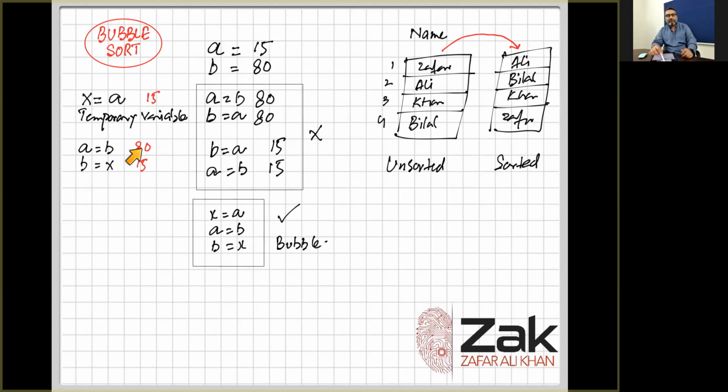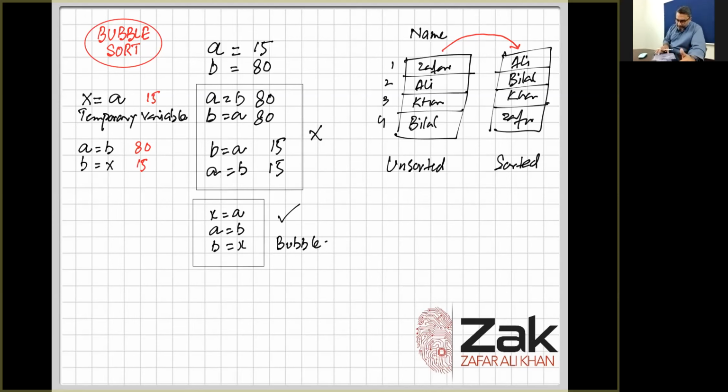Although we have overwritten A, since before overwriting A with B we saved the value of A to X, which is a temporary variable, we then assigned X to B. So now B has the value which X had. They are both conveniently exchanged. So this is called bubble.